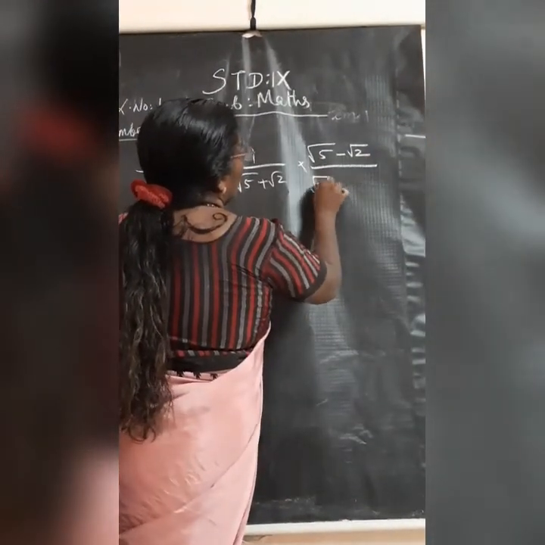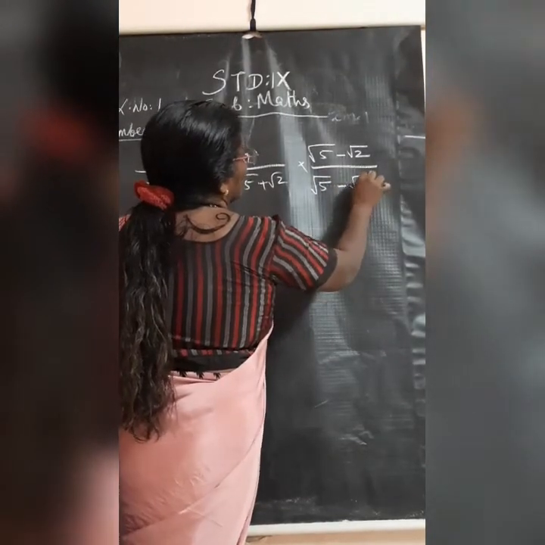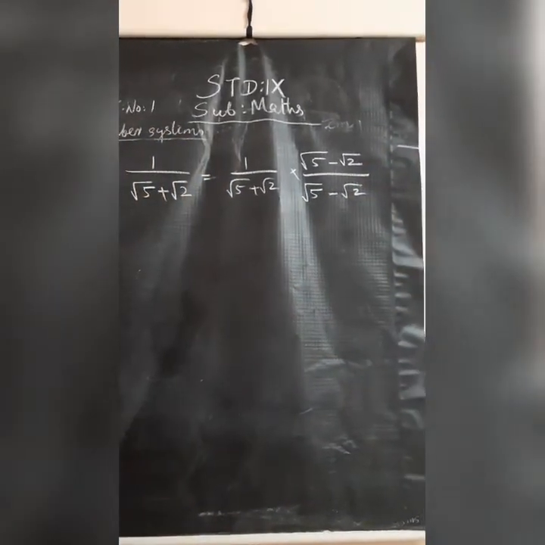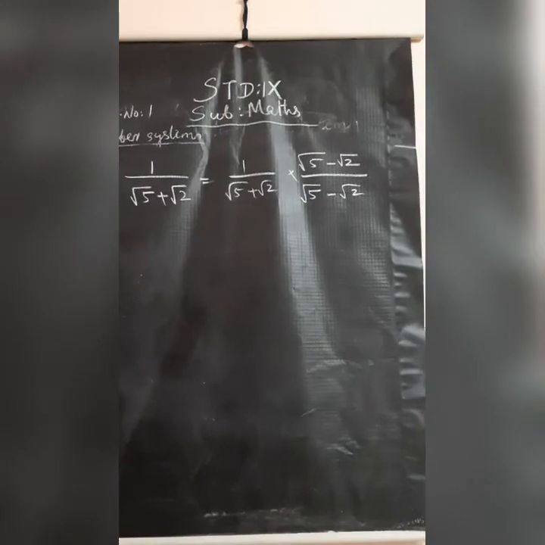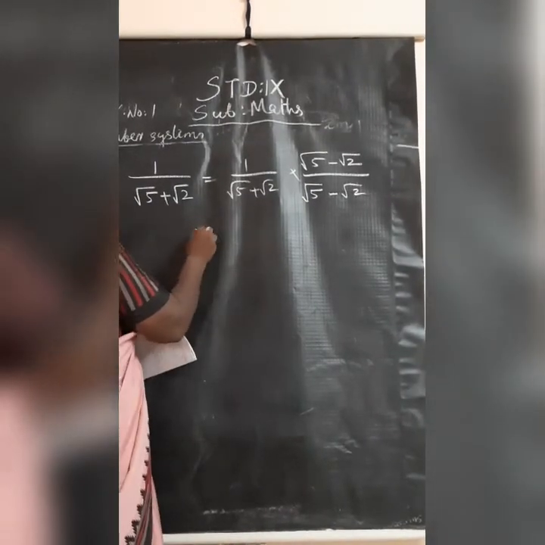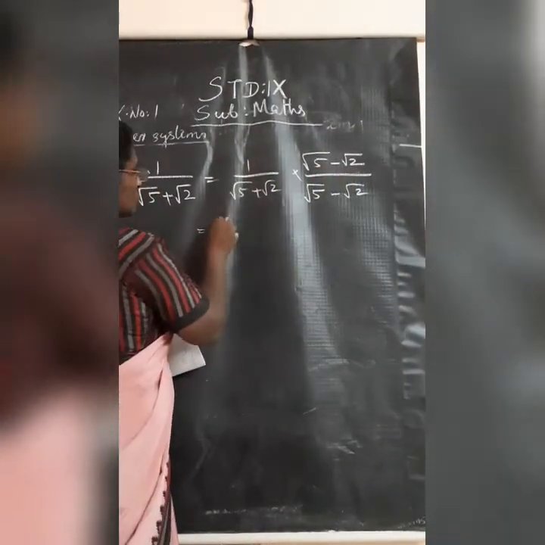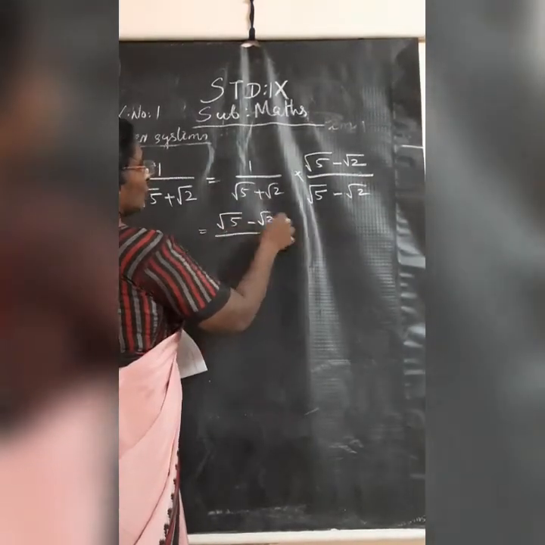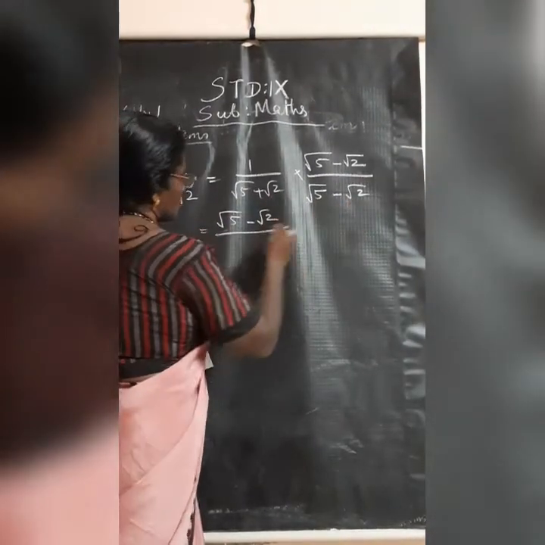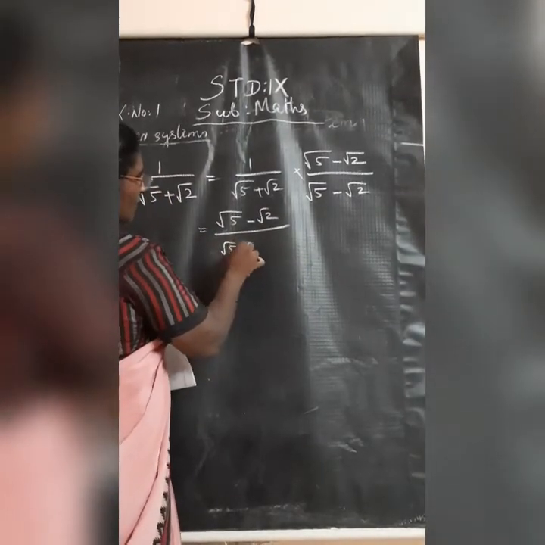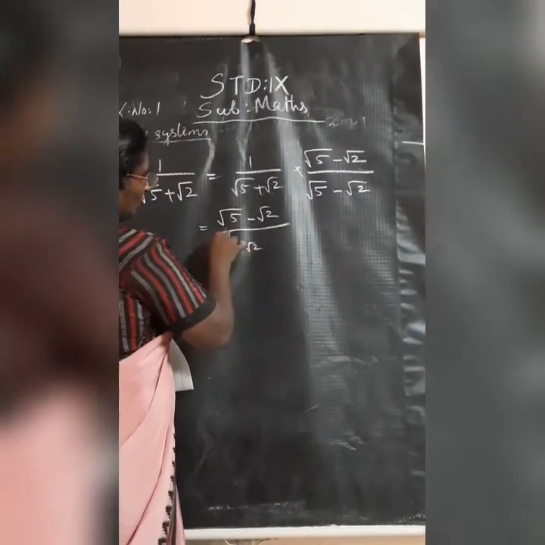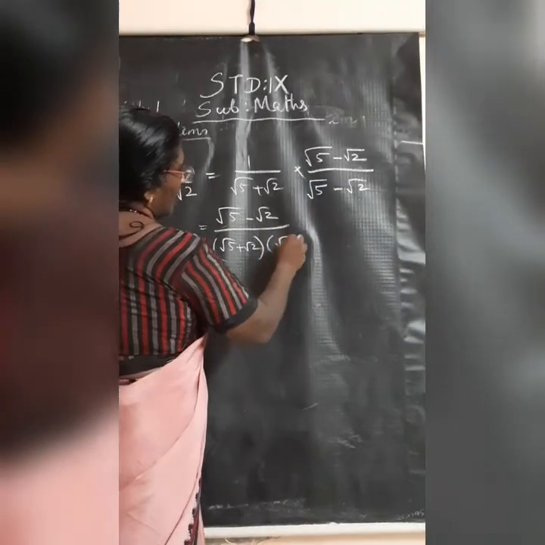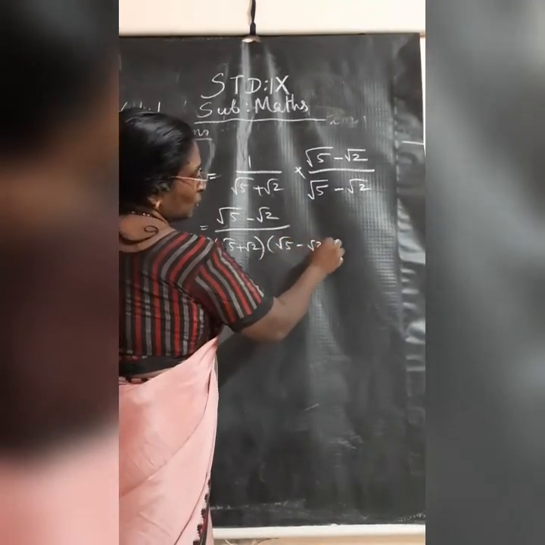Sign change: root 5 minus root 2 is the rationalizing factor, you multiply up and down. Same method, now follow. 1 into root 5 minus root 2 gives root 5 minus root 2, divided by root 5 plus root 2 into root 5 minus root 2.